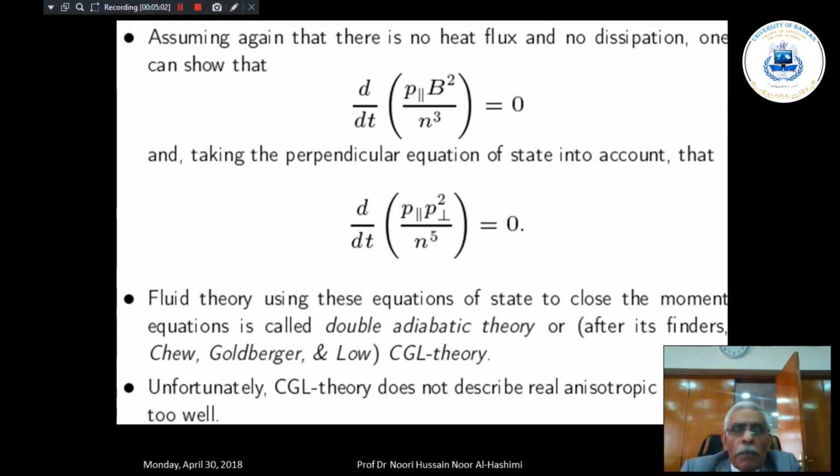And taking the perpendicular equation of state into account, that is d/dt of p perpendicular over n b equals 0. Fluid theory using this equation of state to close the momentum equation is called double adiabatic theory.